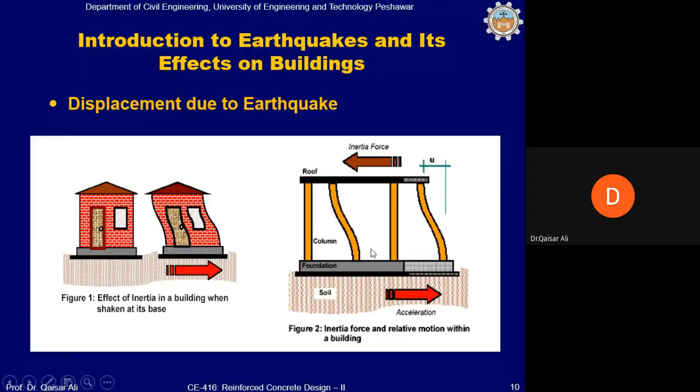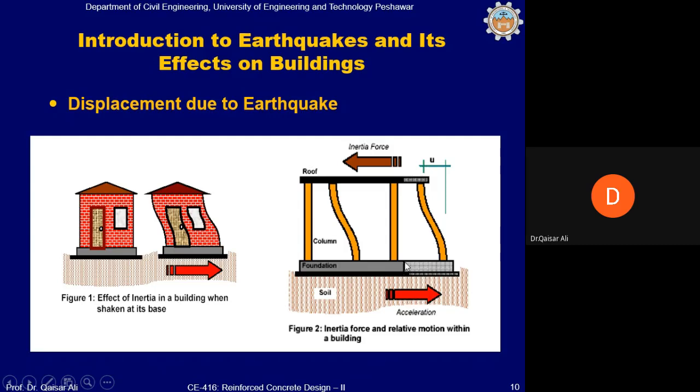On the right, you can also see another frame structure with two columns. When the ground moves, the foundation moves along with the ground, but the roof cannot move along with the ground due to inertia forces. And inertia, you know, is the property of a material due to which it tends to stay at its initial or original position. So the roof lags behind the foundation, and this lagging behind is equal to this relative displacement.